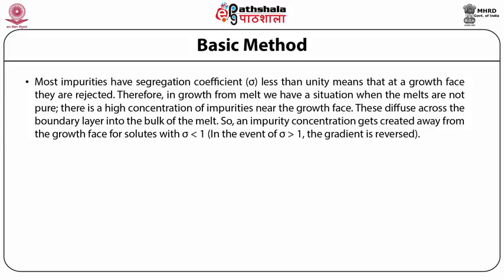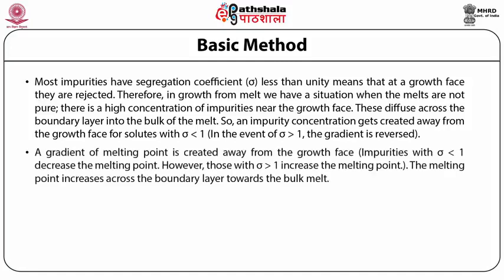These diffuse across the boundary layer into the bulk of the melt. So an impurity concentration gradient gets created away from the growth phase for solutes with sigma less than 1. In the event of sigma greater than 1, the gradient is reversed.